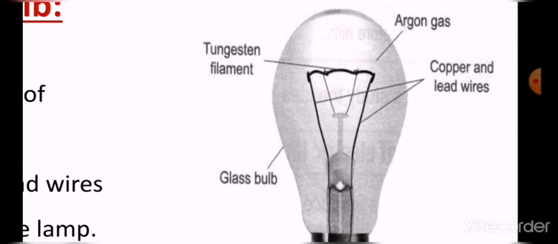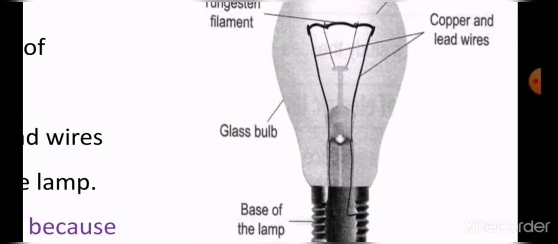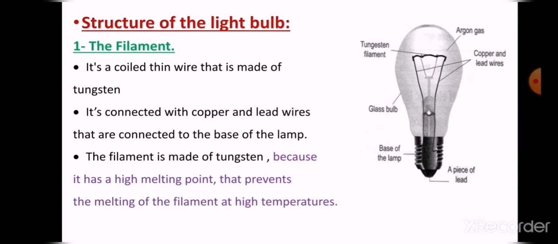Because tungsten has a high melting point that prevents the melting of the filament at a high temperature.